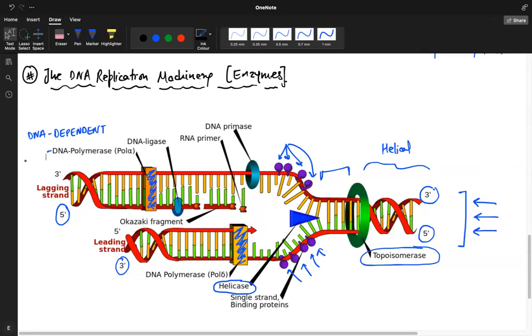Perfect. So these three have to be present to make a nucleotide. And what is a nucleoside? How is it different or similar to a nucleotide? Remember that? You don't forget what we did in the last class.